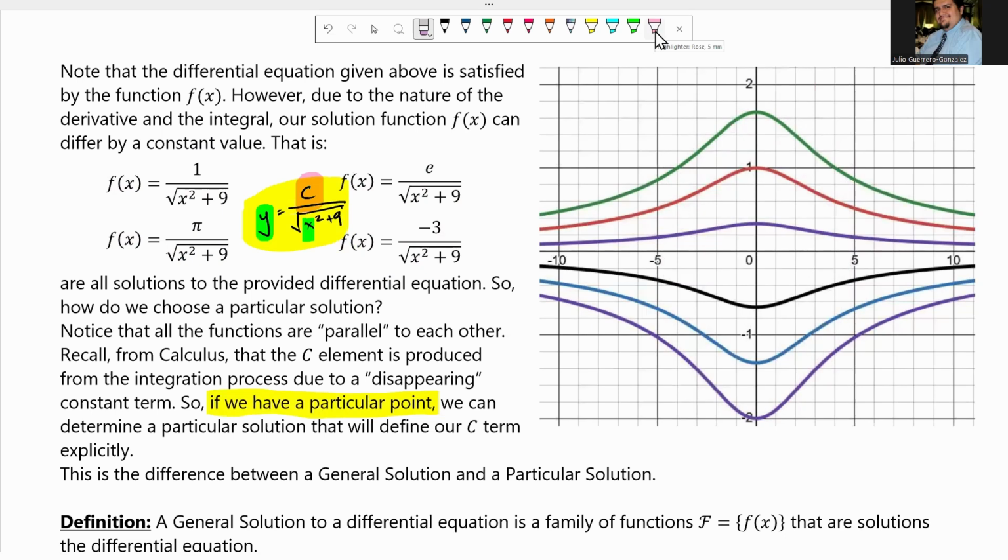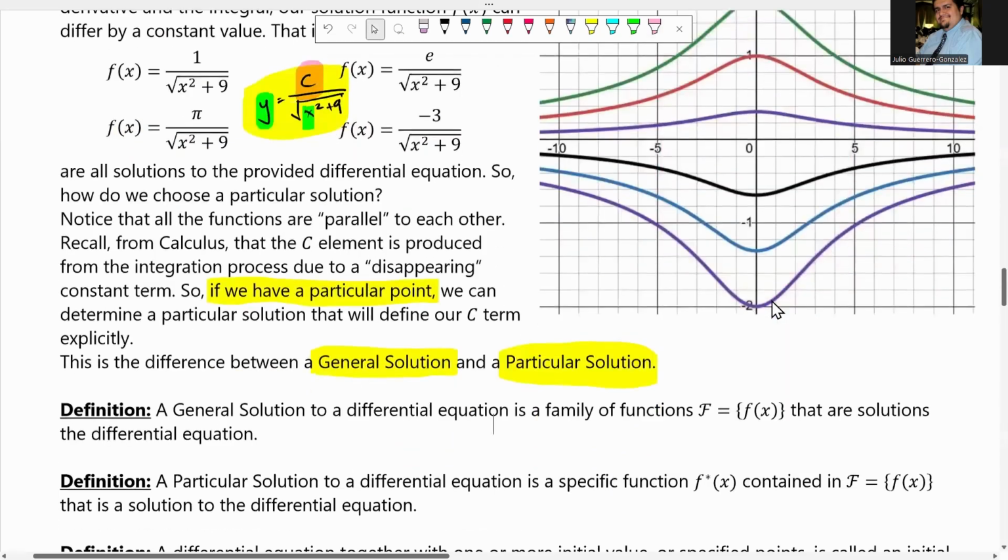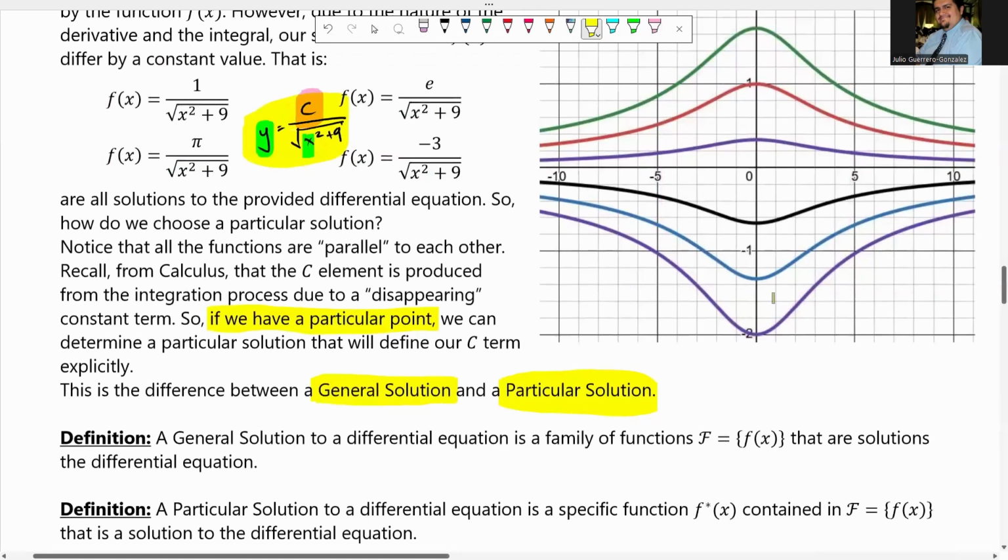That is the difference between what we call a general solution and a particular solution. That's the terminology that I was trying to avoid using before. A general solution, let me scroll down a little bit. A general solution to a differential equation is the family of functions.